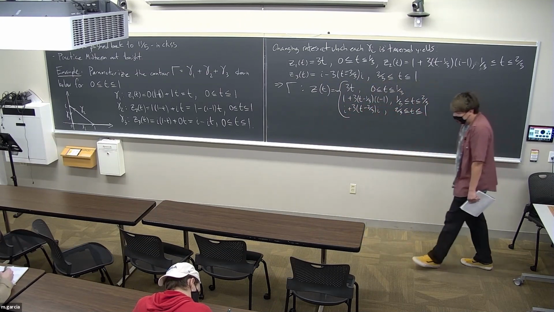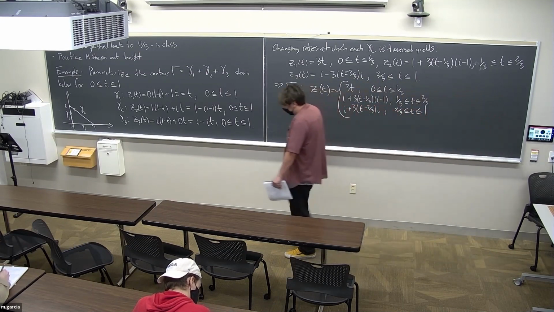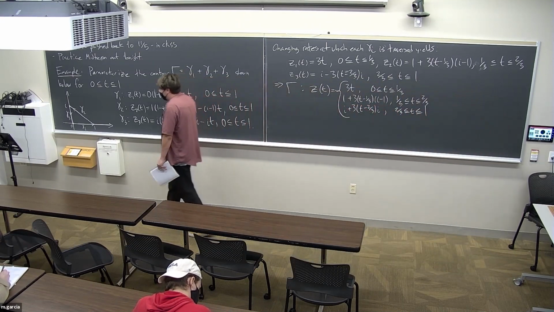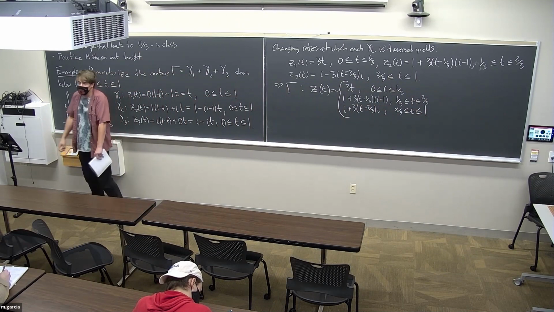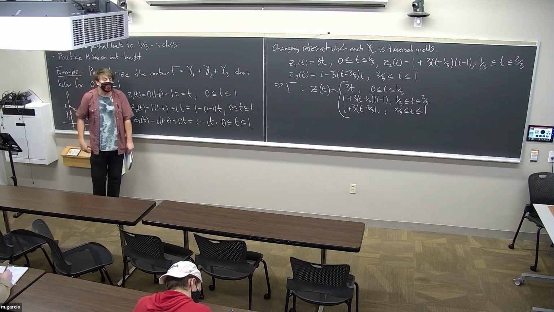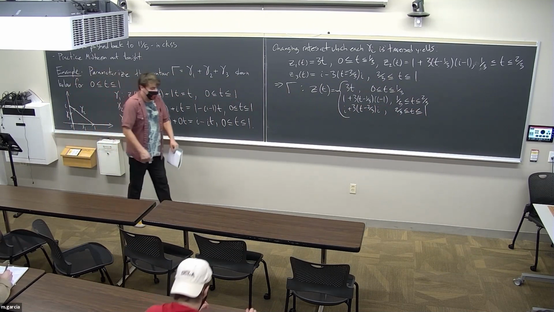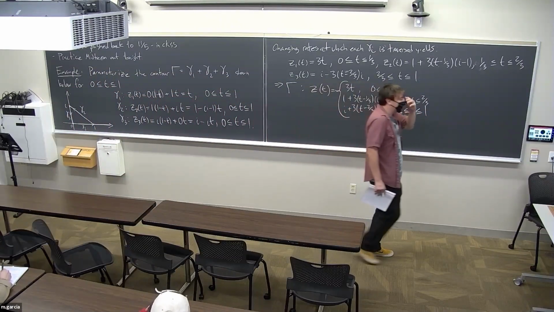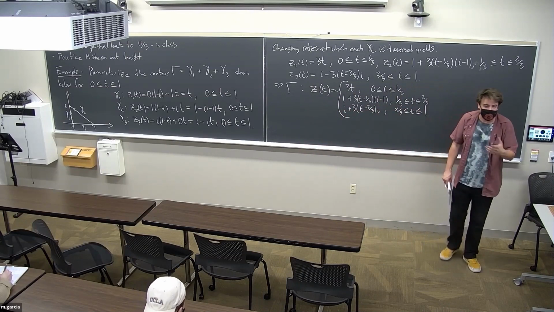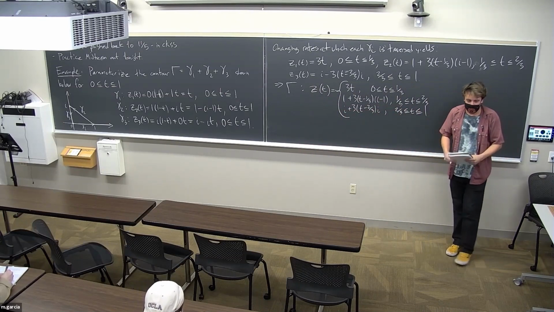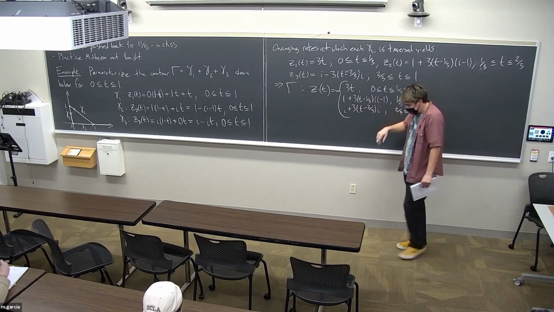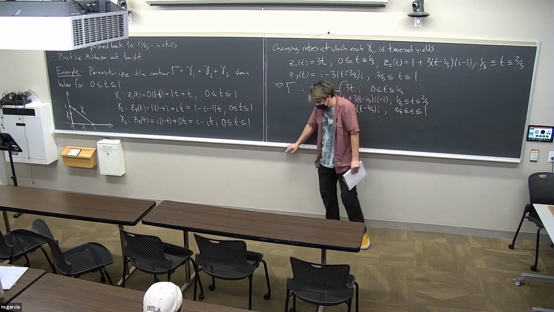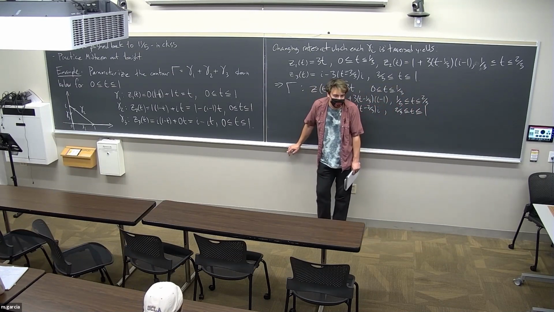Okay, so in general, parameterizing a curve is quite difficult if we don't know an equation that describes the curve, right? That is to say, if we know that our curve is the graph of some function, it's pretty easy to come up with a parameterization, right? We just set the parameter to the variable, right?